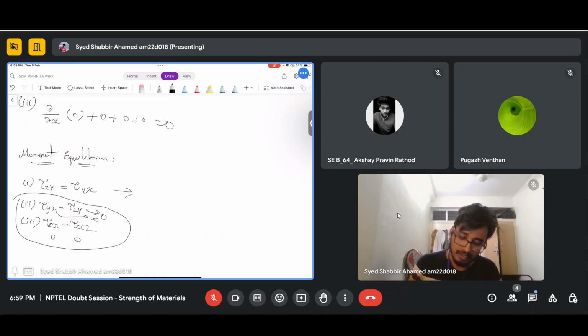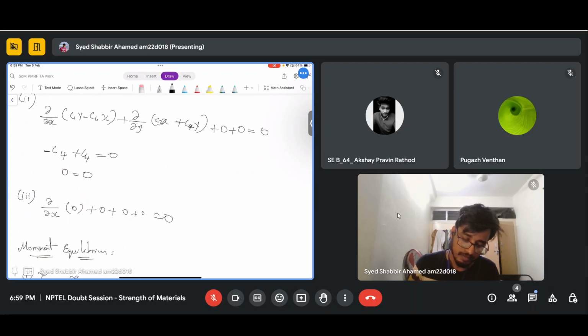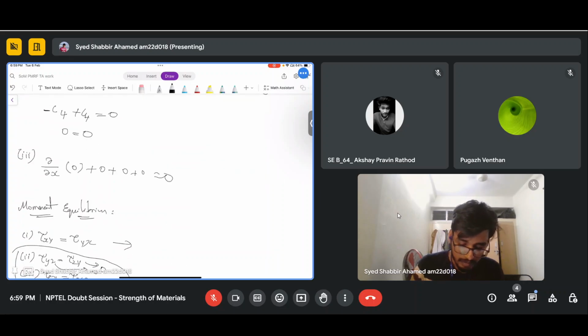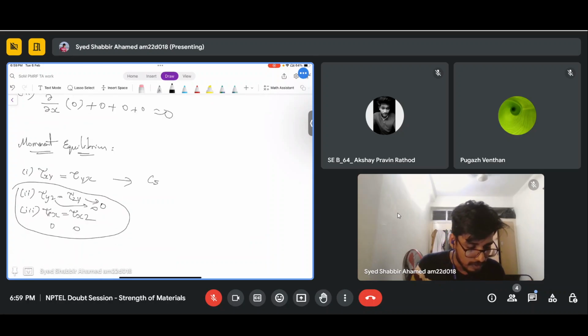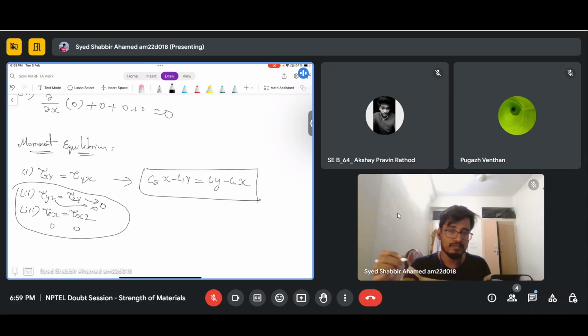And for this equation, we have sigma xy, that is c5x minus c1y equals c1y minus c4x. This should also be satisfied in order to satisfy the moment equilibrium condition.